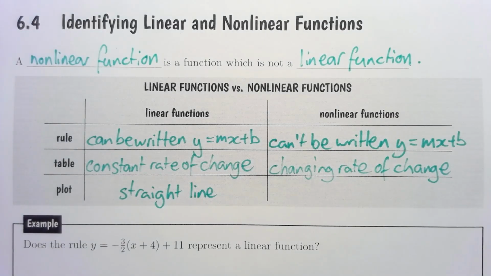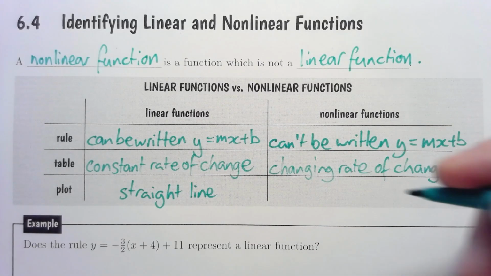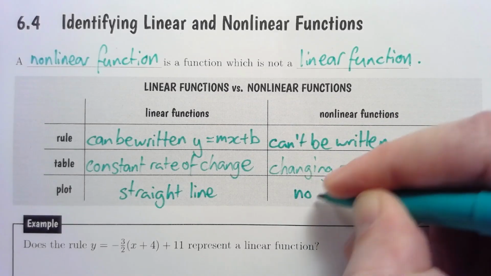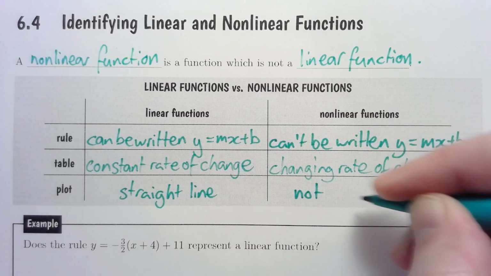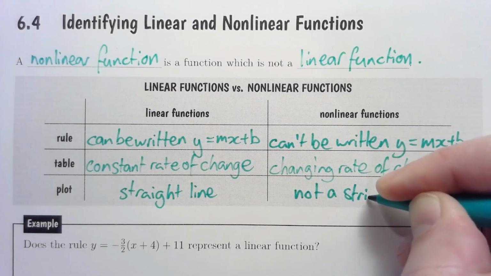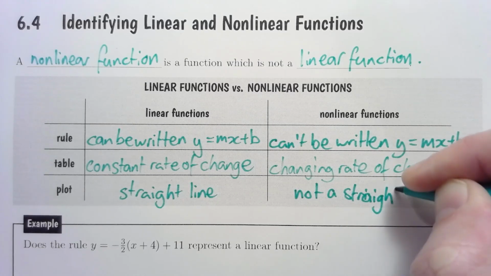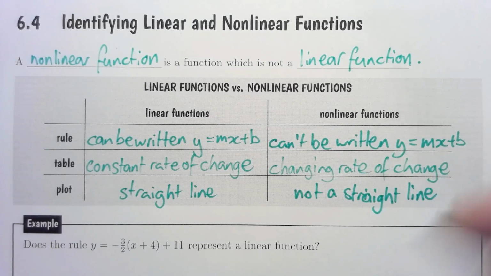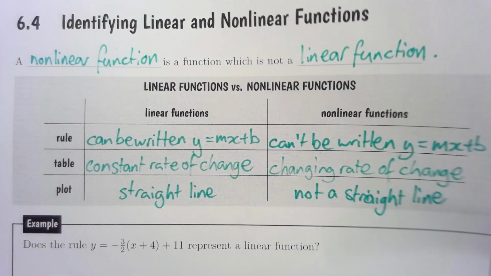But if you check every change between every pair of entries, there will be some differences. And finally, probably the most obvious one, it's not a straight line. So when you plot the function on a graph, you won't get a straight line. Now, there are nonlinear functions which have part of their graph forming a straight line, but you won't have just one straight line forming the entire function.